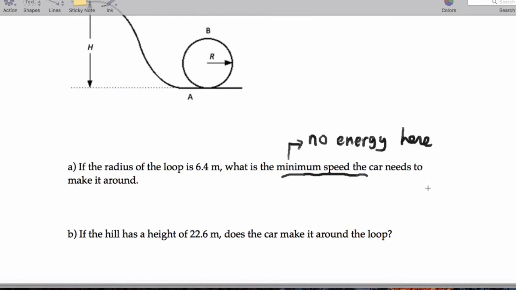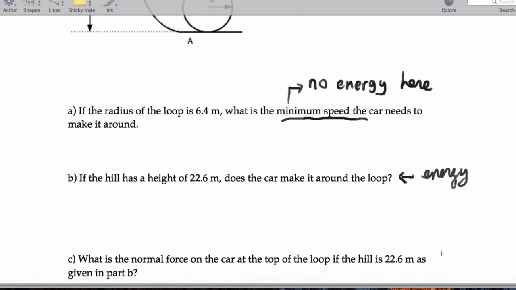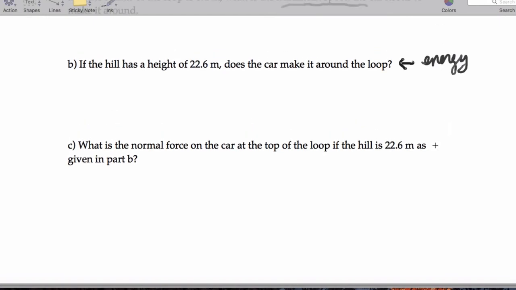And then here, if we have the hill height of 22.6 and we want to know if the car makes it around the loop, yes, we can use energy.